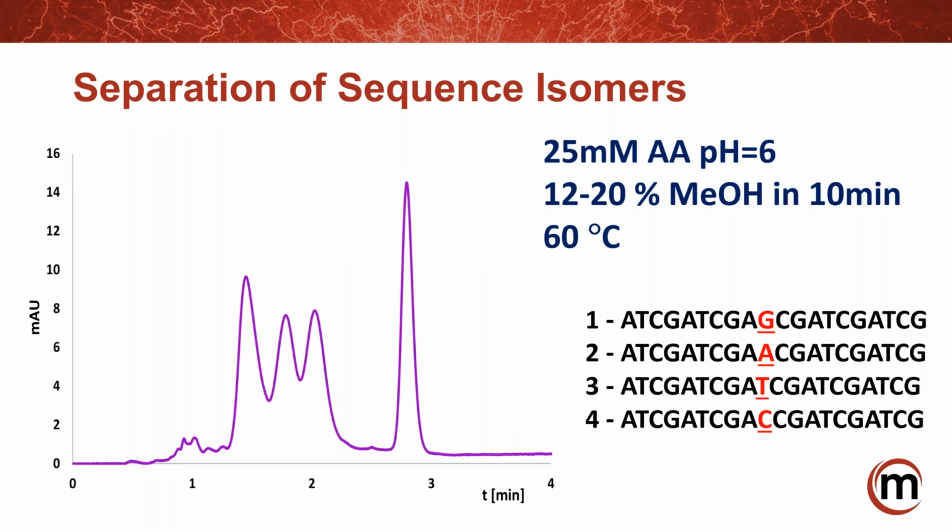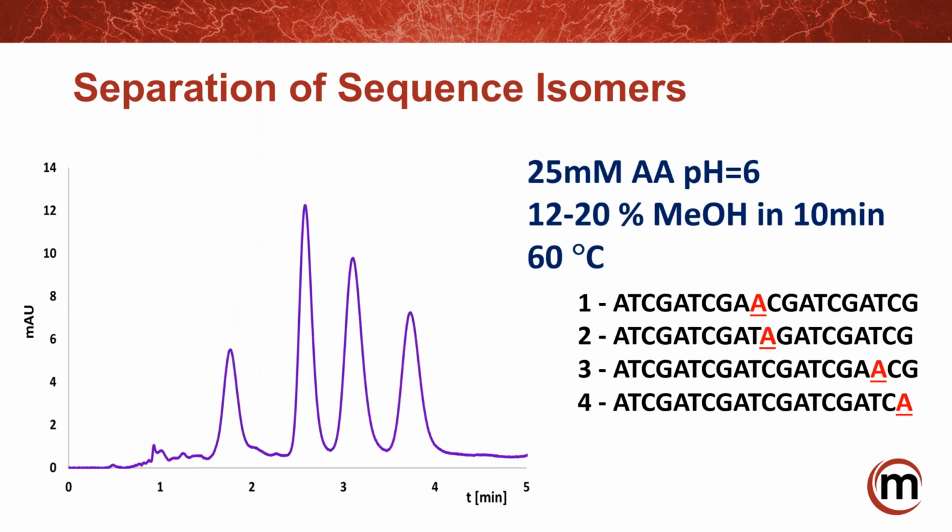So again, here is the separation of the sequence isomers. You're seeing a similar thing, just the power, one oligonucleotide change, and enough to say, for the biologic type folks who are looking at peak to valley, you're seeing a huge benefit for understanding how much of those analytes are there in a better way.